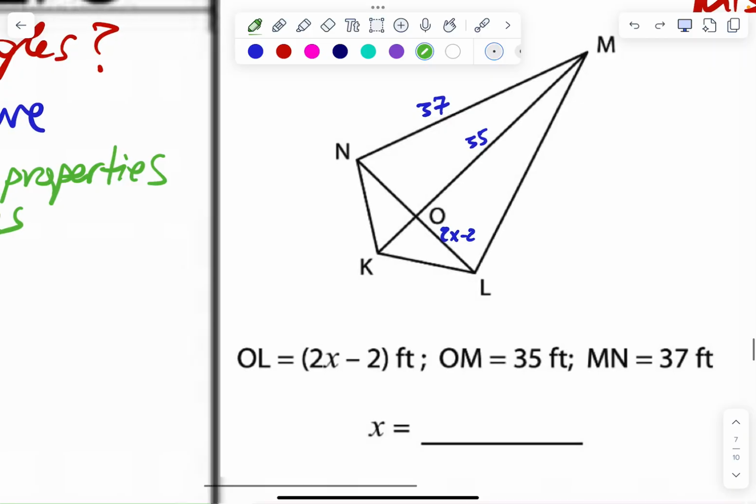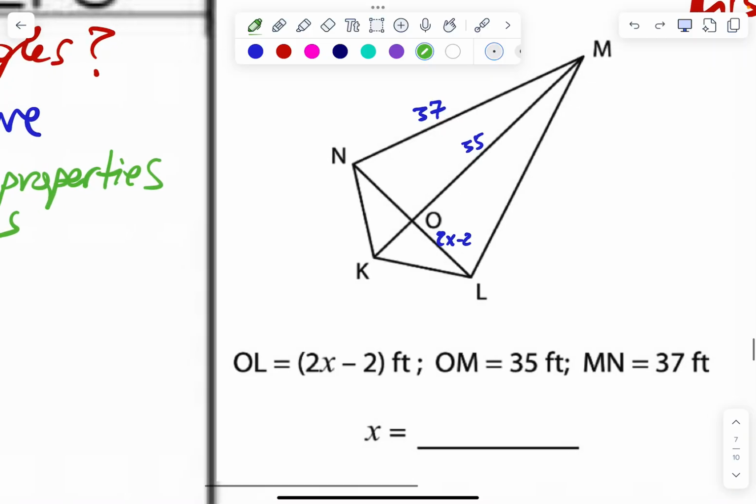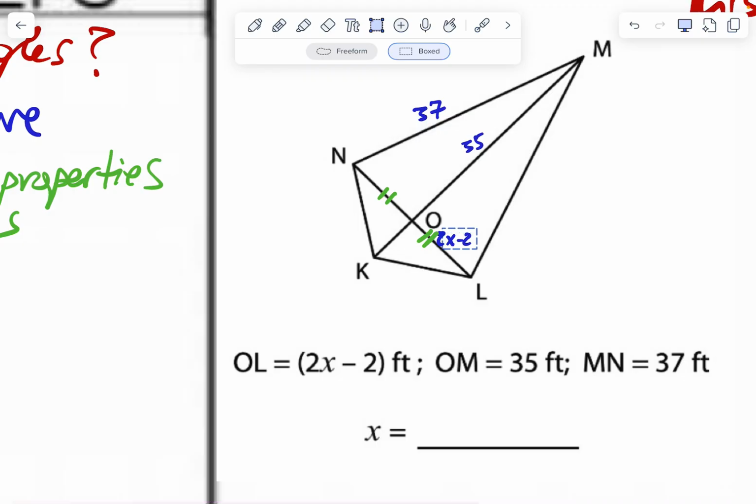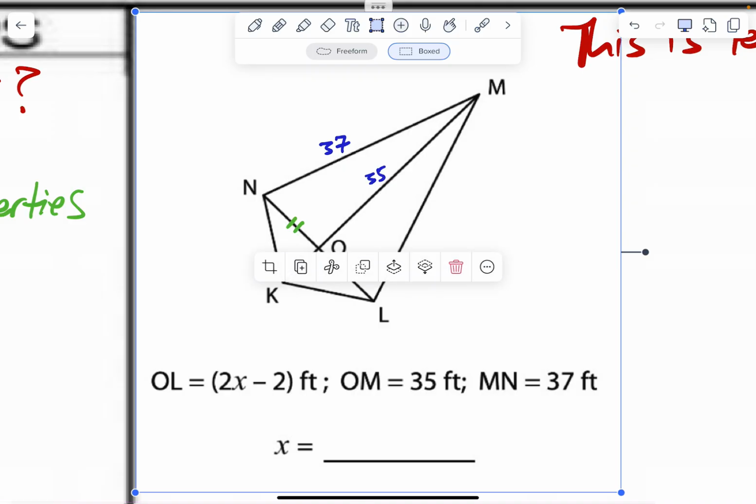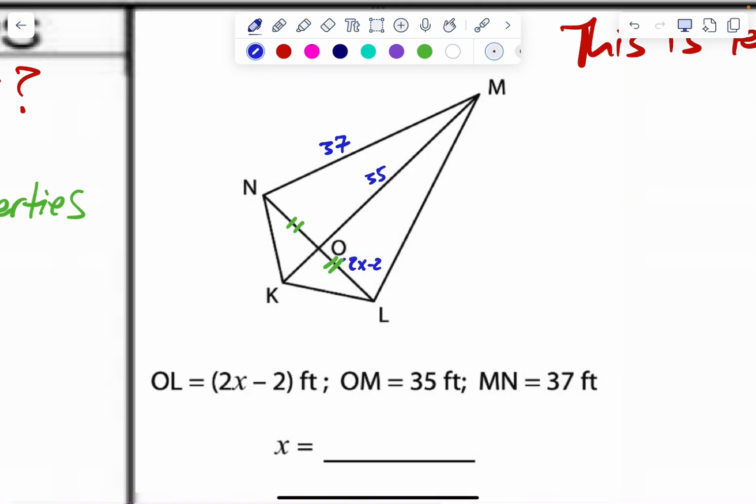And yeah, okay, so I see that this short diagonal is bisected, so those two pieces are congruent, which means what can I do with the 2x minus 2? Yeah. So we'll grab that and just copy over here. Copy 2x minus 2.